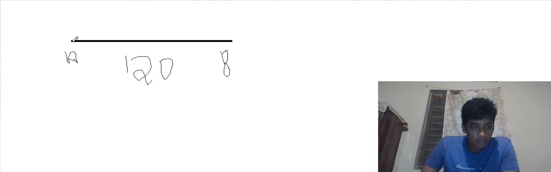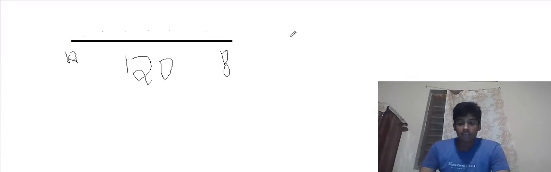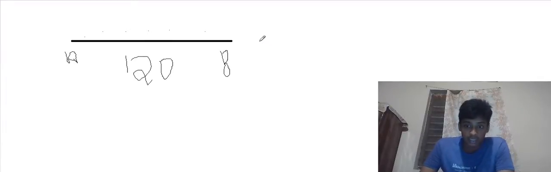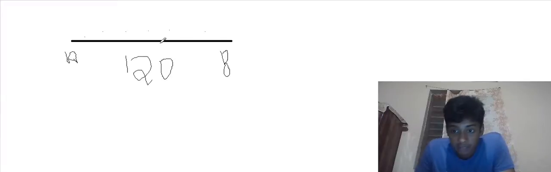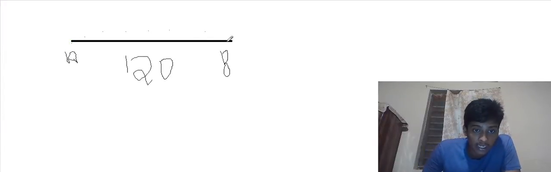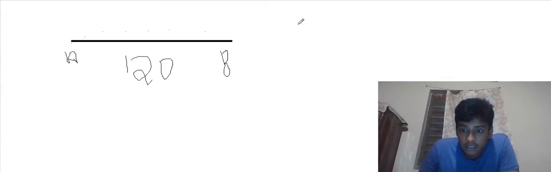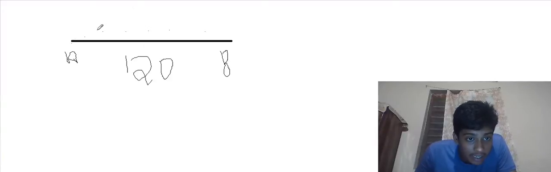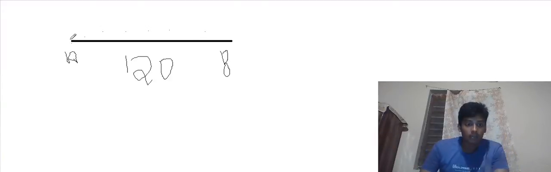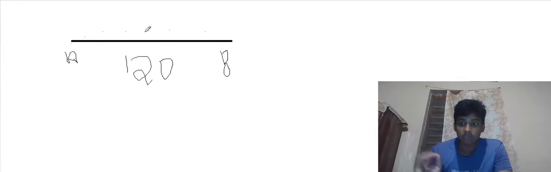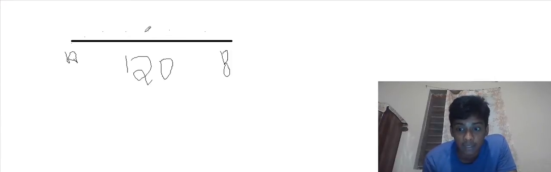For example, consider a car moving from point A to B, and then returning from point B to point A. The distance traveled by the car is 240 meters, whereas the displacement is 0. Do you know why? It comes back to A. A car moves from point A to B and then returns from B to A, and the displacement is 0. As I said, displacement is the shortest distance traveled by an object.